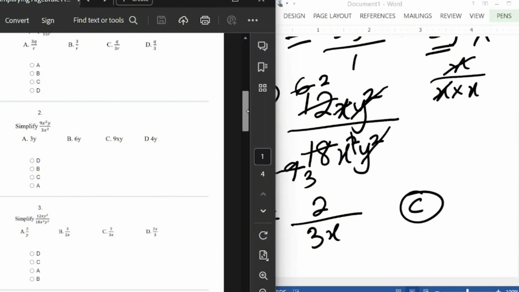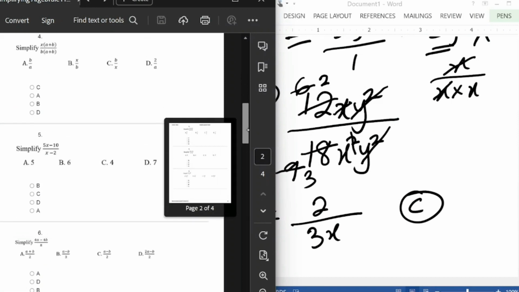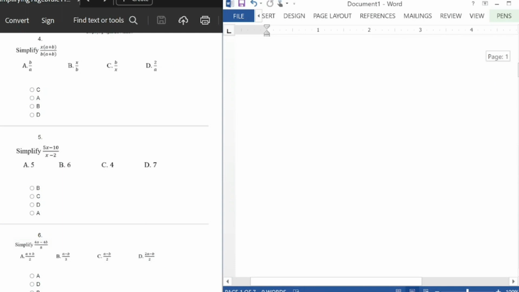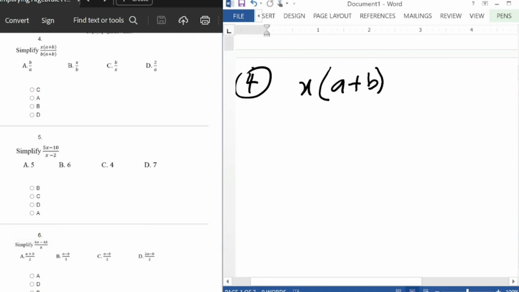So let's go to number 4 now. For question number 4, we have to simplify x into brackets a plus b, divided by b into brackets a plus b.